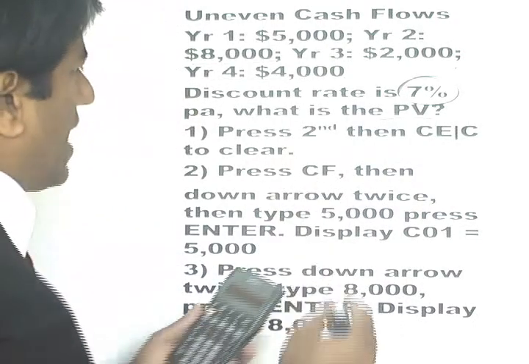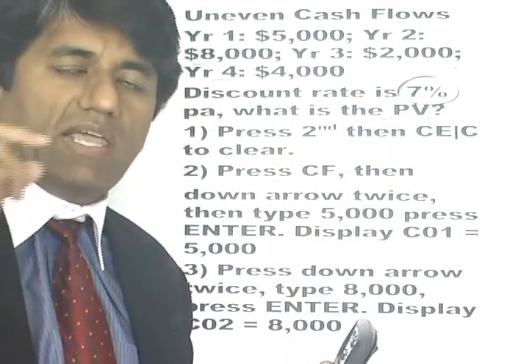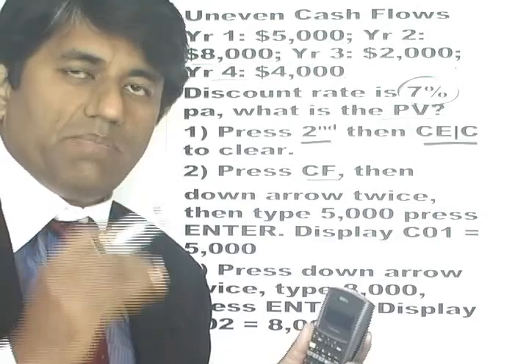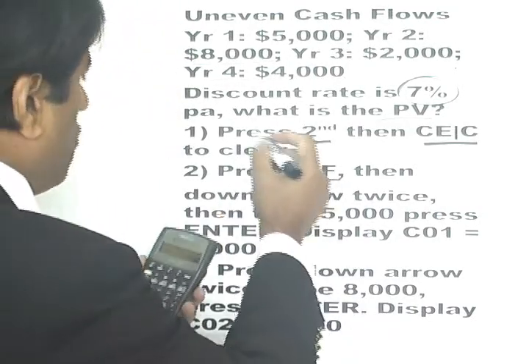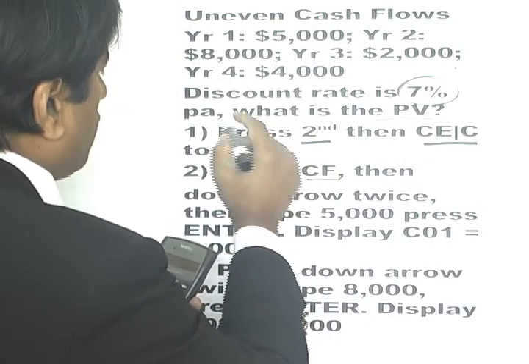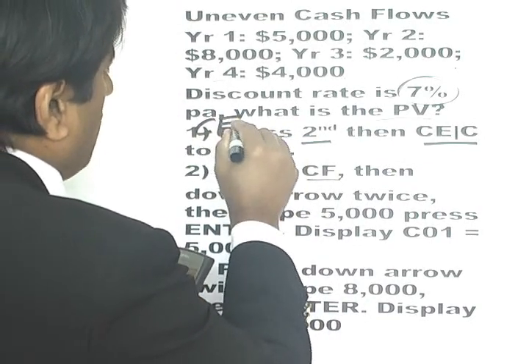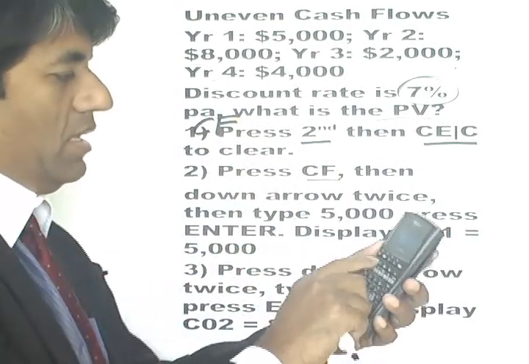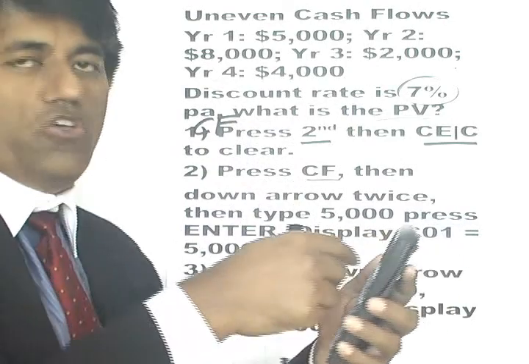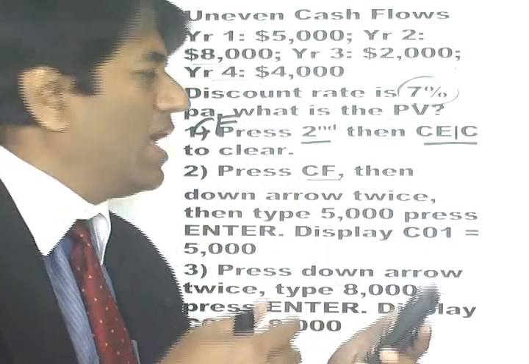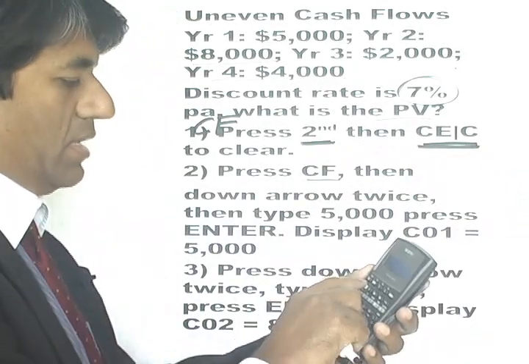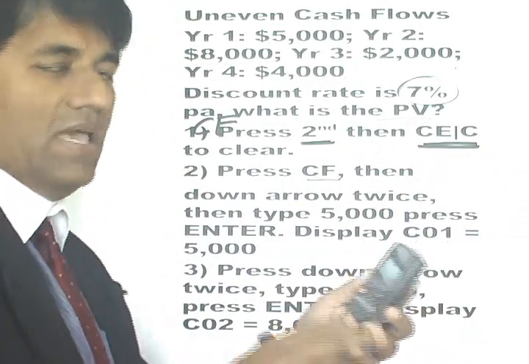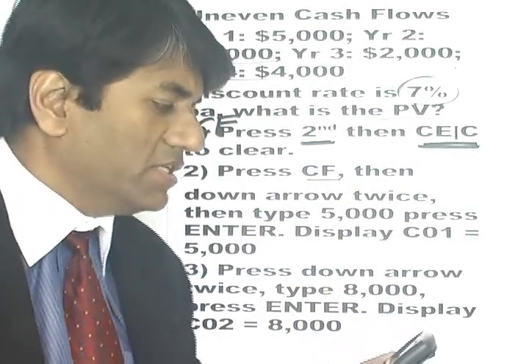You start by clearing the calculator, and now you have to clear the cash flow registers. This is a bit different from the earlier examples. First you hit the cash flow button CF, and then it should show you something like CF0, and then you press second and then CE/C. Now this clears all the cash flow registers.